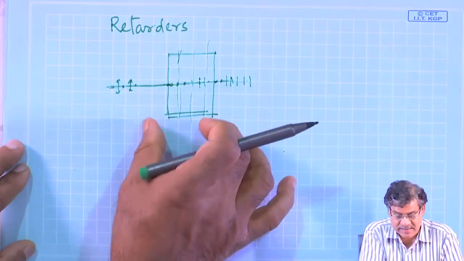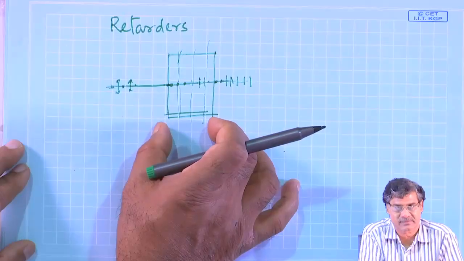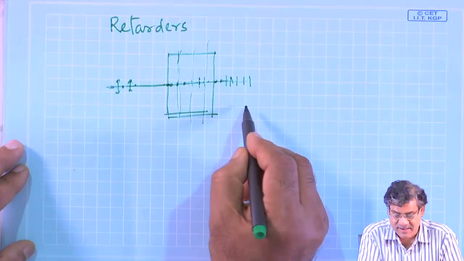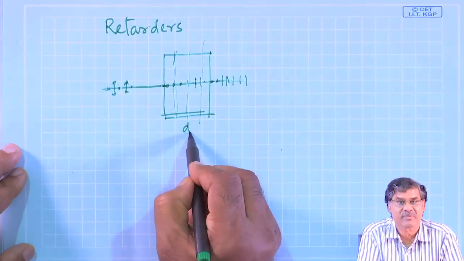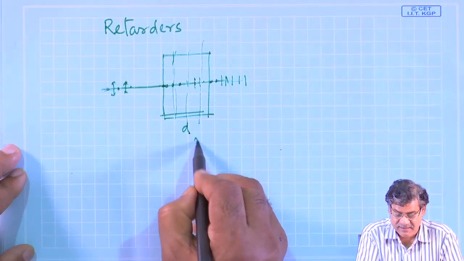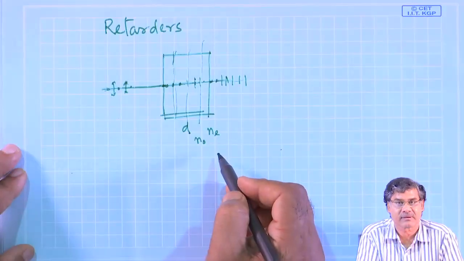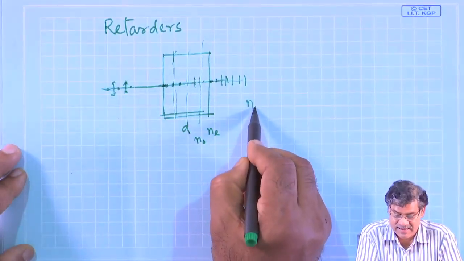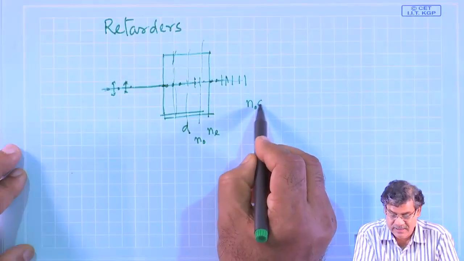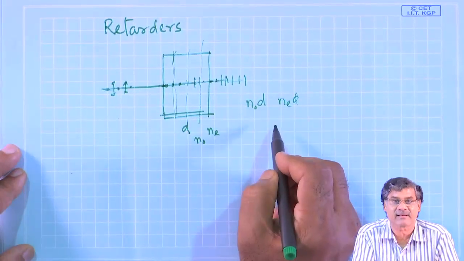So, these plates are basically called retarders. Okay. So, what will be the path difference? If the thickness is say d, and the refractive indices for the O ray and E ray are n0 and ne, then the optical path in one case is n0 d, and in the other case ne d, right.